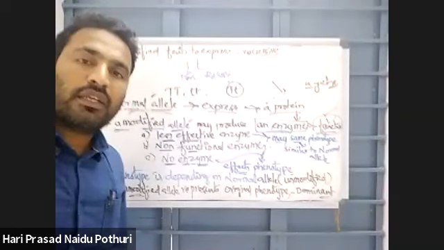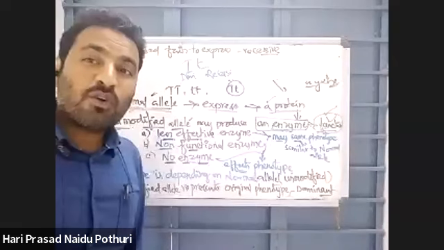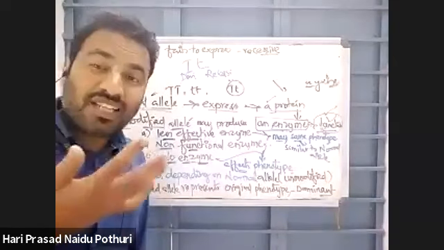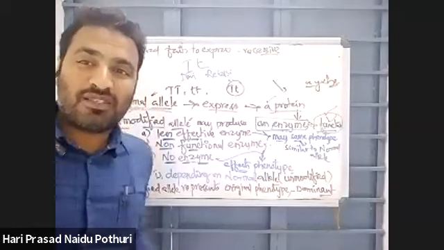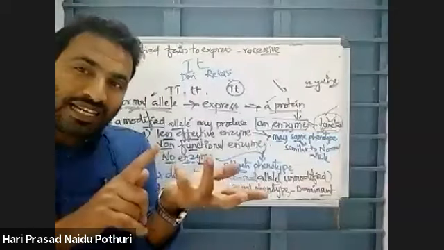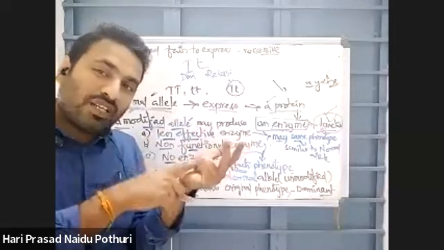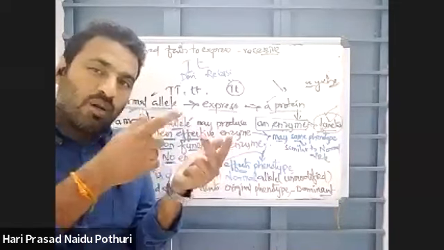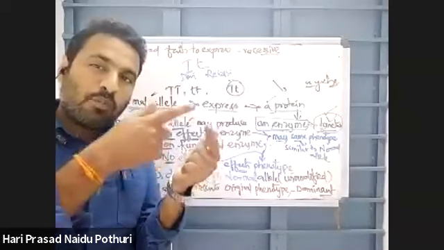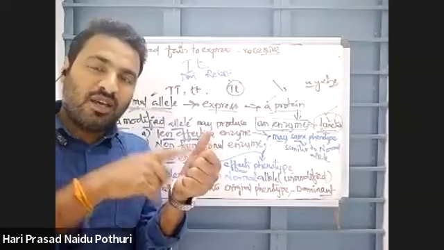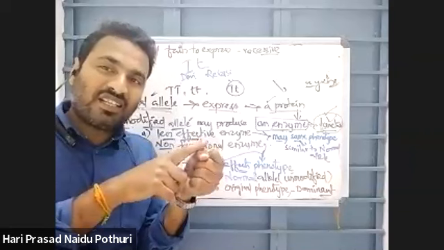Why does a protein not individually function as an enzyme? Protein has 10 functions. A protein is a catalytic protein. Protein works as an enzyme. Protein works as a hormone. Protein works as a carrier. Protein works as a nutrient. Protein works in contraction.